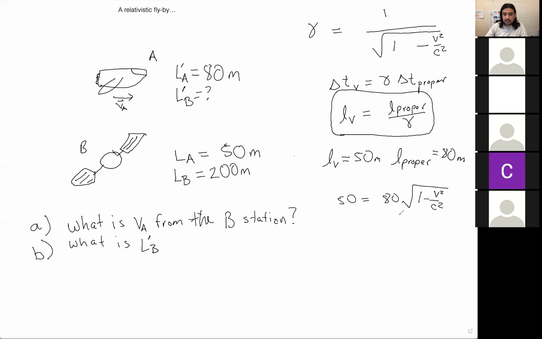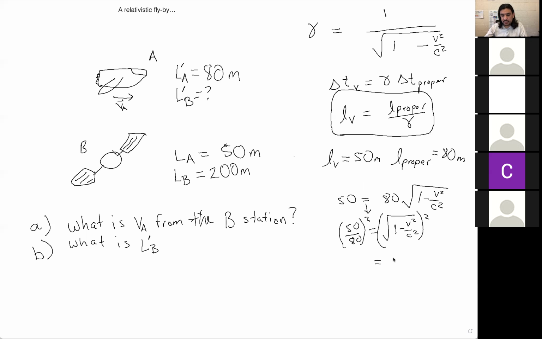So now what you have to do is do the algebra, right? There are different ways to do algebra. So now you have 50 over 80 over here is equal to this. And then you can square both sides, get a number out, square this one out.